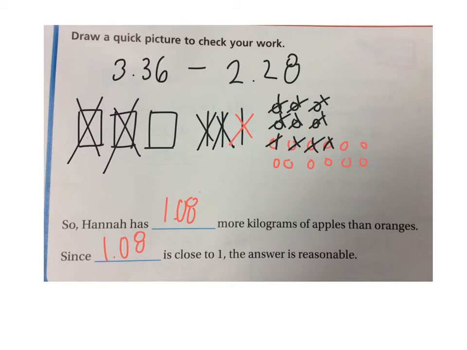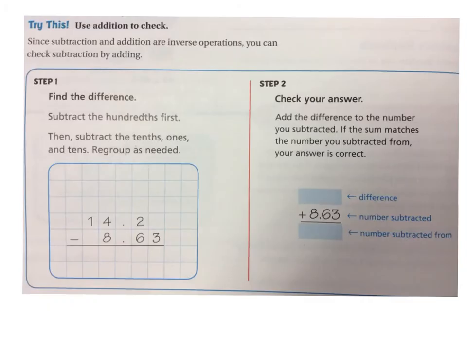The smaller number in the subtraction problem, so in this problem, 2 and 28 hundredths, you have to add 2 and 28 hundredths to 1 and 8 hundredths. So I can use addition to check my answer? Is that what you're trying to tell me? How come I can use addition to check my answer? Since subtraction and addition are inverse operations, you can check subtraction by adding.